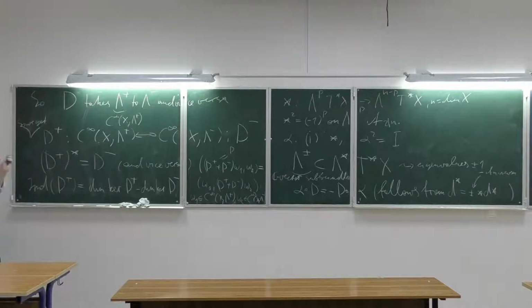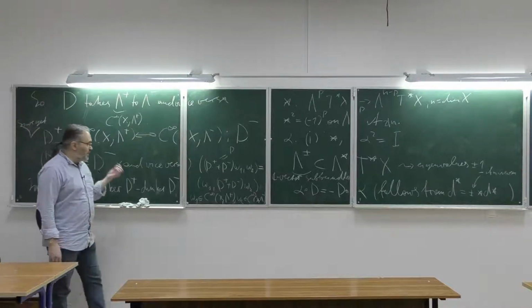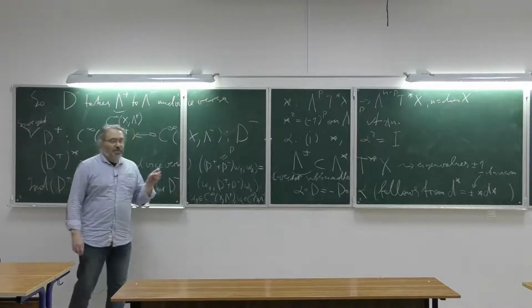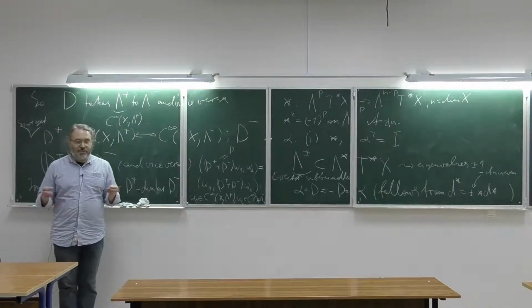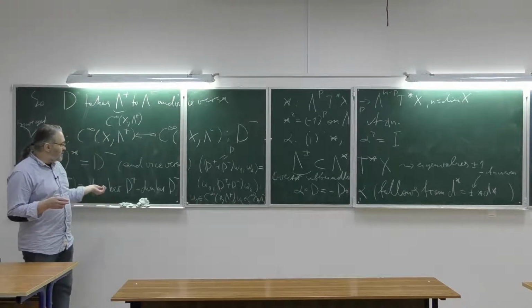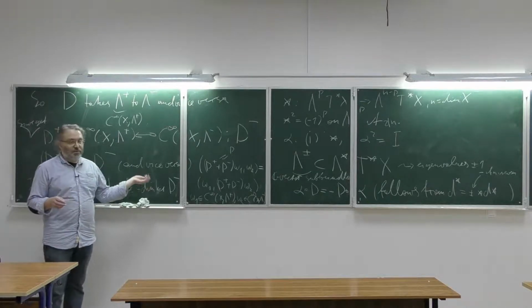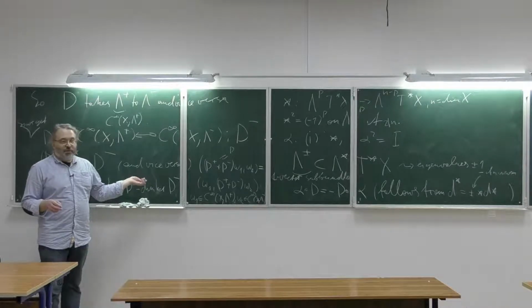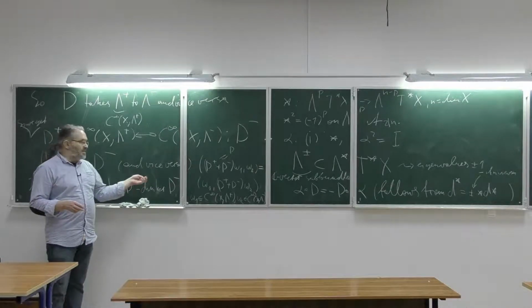And again, we proved this when we discussed some general facts about elliptic operators, and this uses the fact that all operators which we have here, namely d plus and d minus, are elliptic.